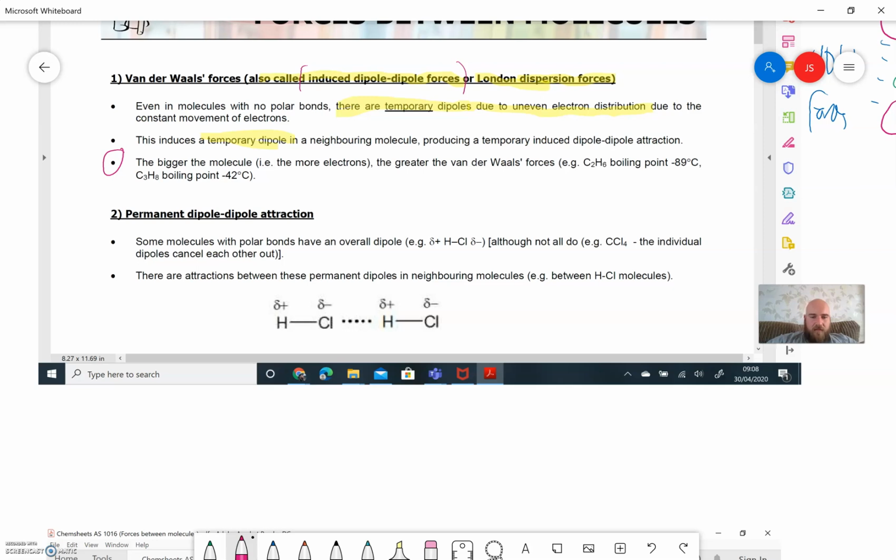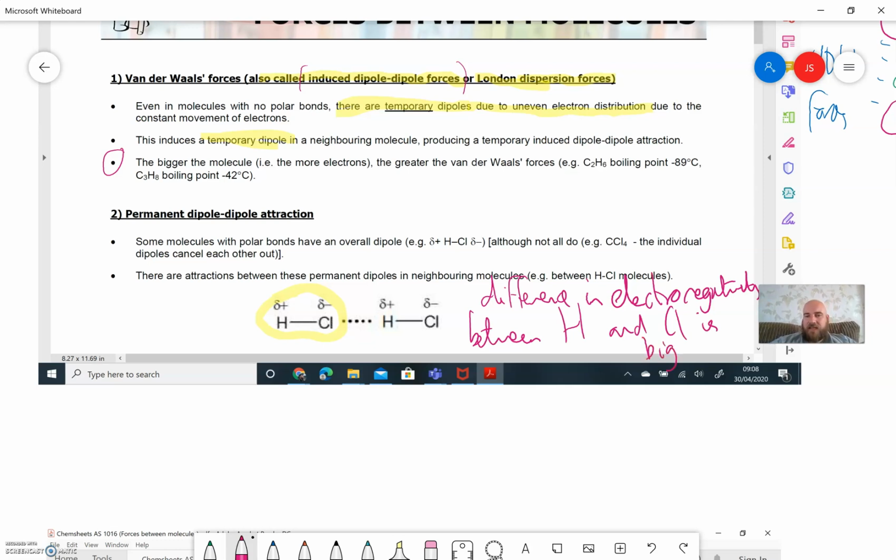So if we have a look at this molecule just here, that dipole there is permanent. It is there all of the time because, and this is where you probably have to get this into your answer as well, the difference in electronegativity between hydrogen and chlorine is big, large, vast.